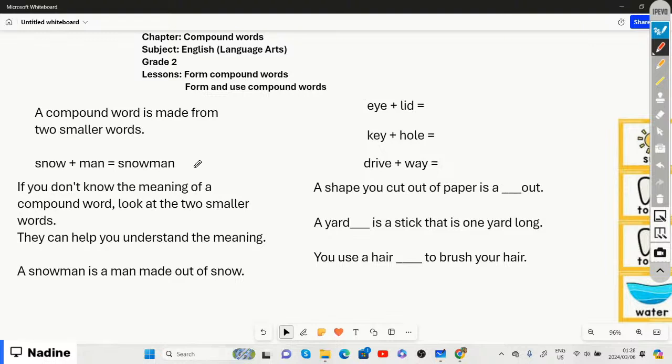All right. So we have already dish plus washer, and dishwasher will always come in handy.